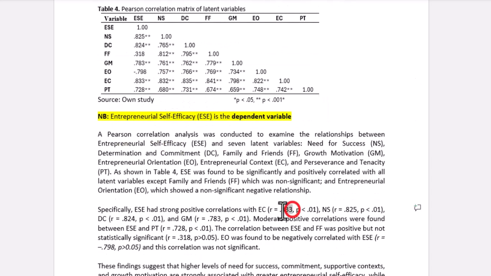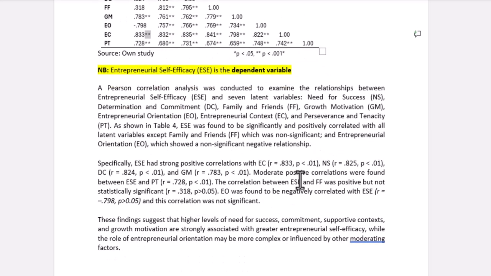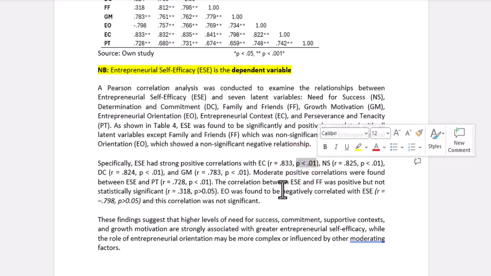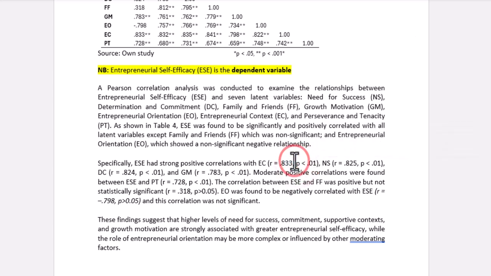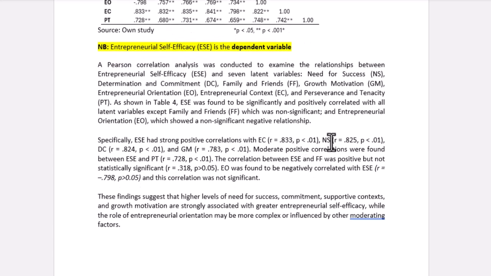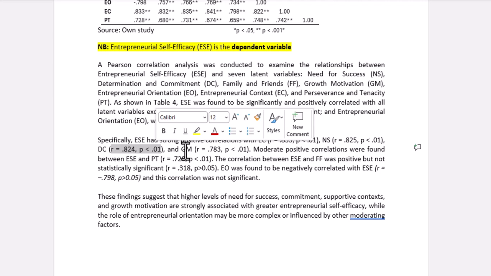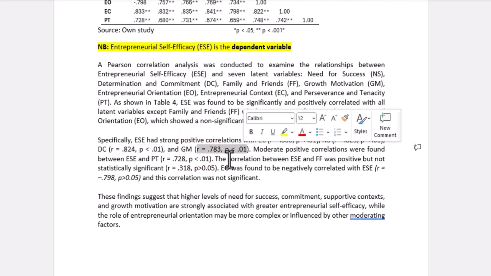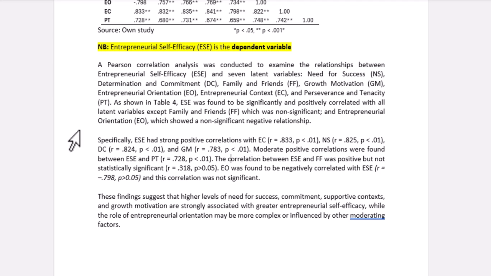So r, the correlation result, is 0.833, and the p-value is significant because we have the 2 stars, so p is less than 0.01. Then you continue with NS, DC, GM, and you present the statistics for each. A key thing to note is that when you present the relationship between ESE and any other variable, you must put the statistic in brackets.